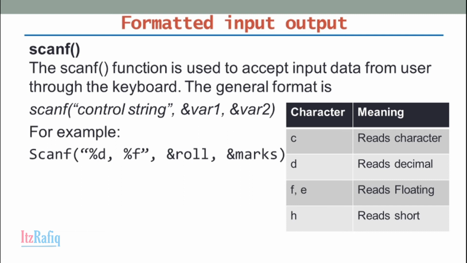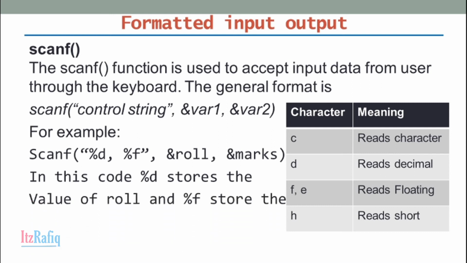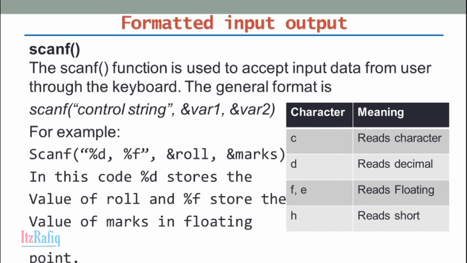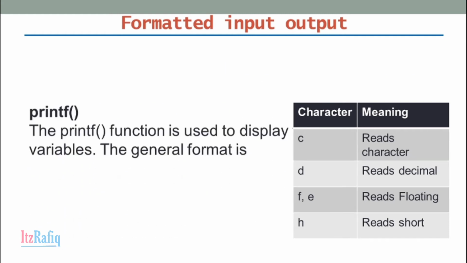Suppose I want to take integer type of data or decimal type of data, then we write percentage d. If we want to take input as floating type of data, then percentage f. If we want to accept a character, then percentage c. And after that the name of the variable where I want to store that data. In this code, percentage d stores the value of roll number and percentage f stores the value of marks in floating point.